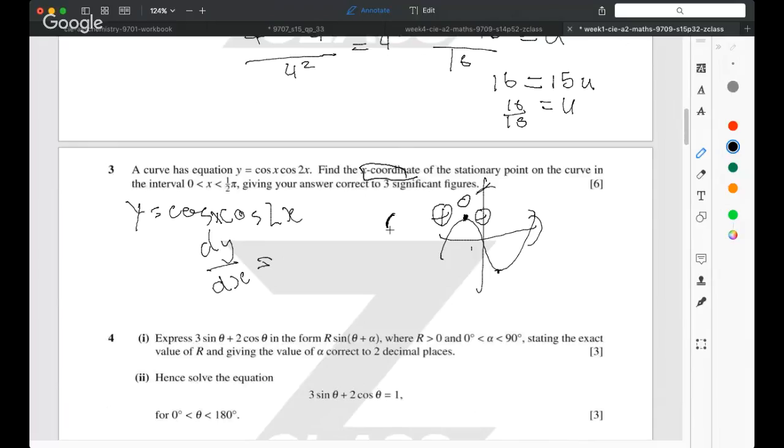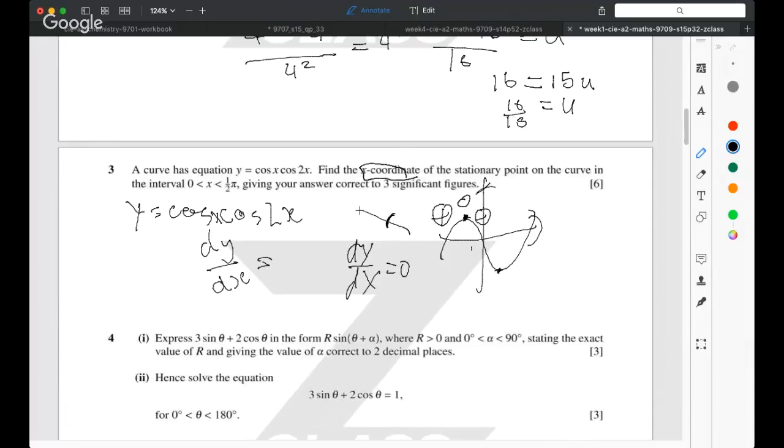What mathematical form represents the gradient in calculus? The differentiation of this function is equal to the gradient. So at this point, the gradient is 0, which means the differentiation of this function is equal to 0. The same goes for the minimum point.